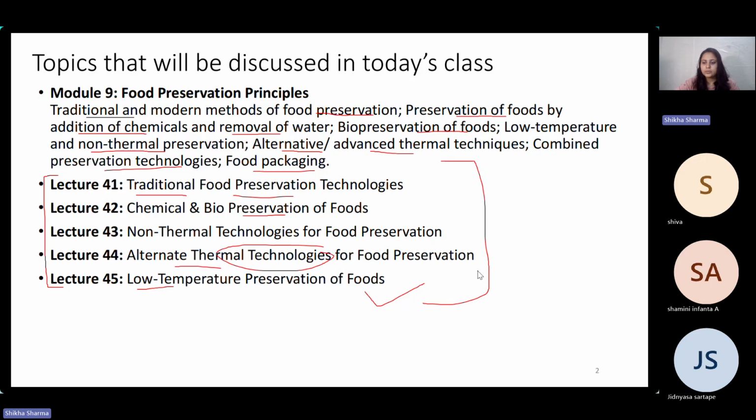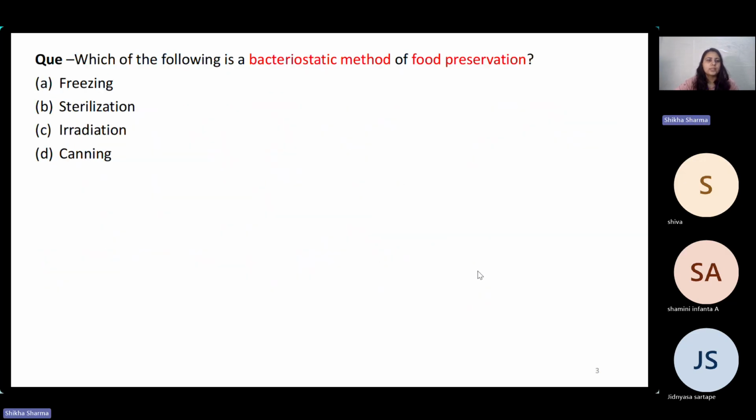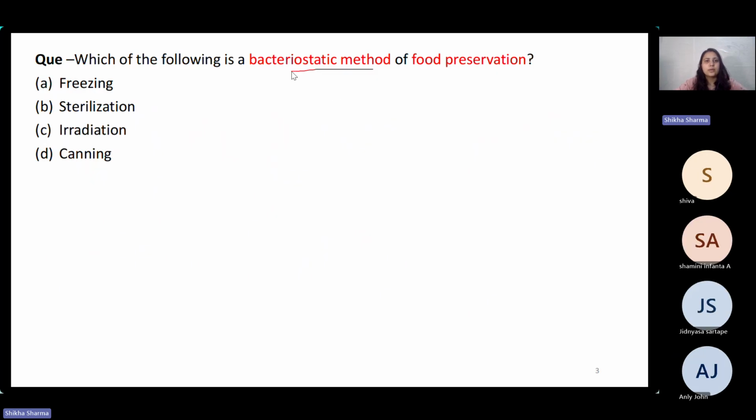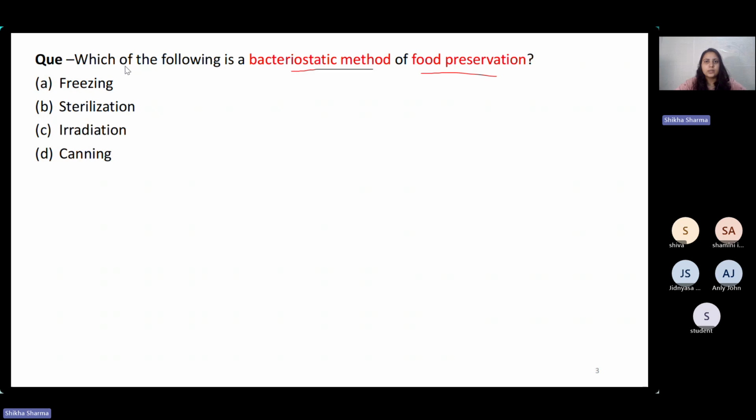So let's discuss the first question, which is: which of the following is a bacteriostatic method of food preservation: freezing, sterilization, irradiation, or canning.